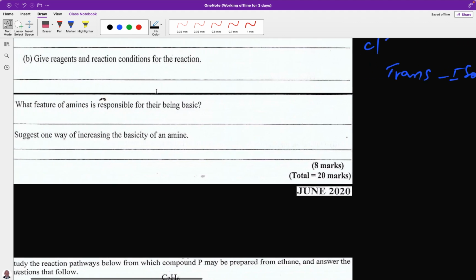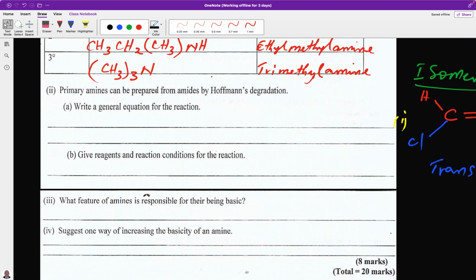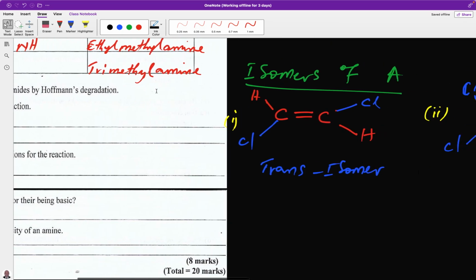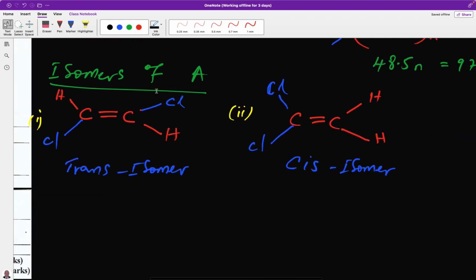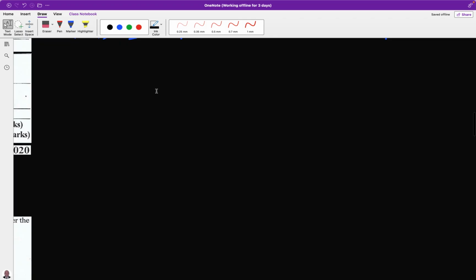Primary amines can be prepared from amides by Hofmann degradation. Write a general equation for this. There are many ways of preparing primary amines. The examiner has asked us to use Hofmann degradation.